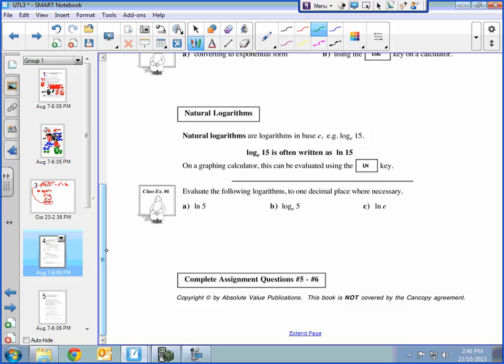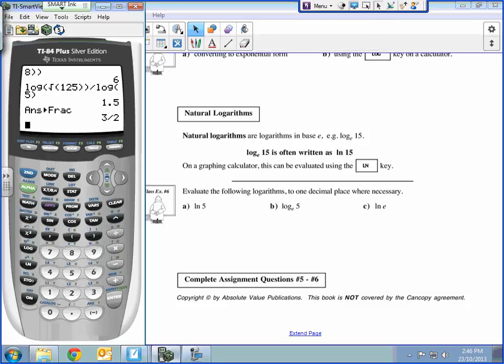So if it's ever natural log, your base will be e. To evaluate these, you would just put them right into your calculator. Natural log of 5, just go ln 5, enter. It's right underneath the log.